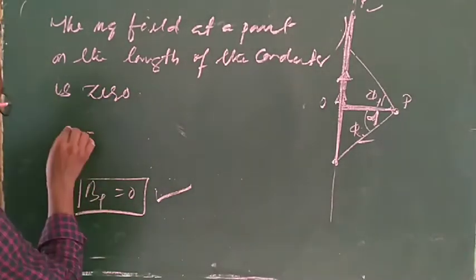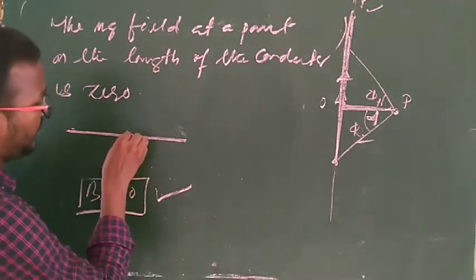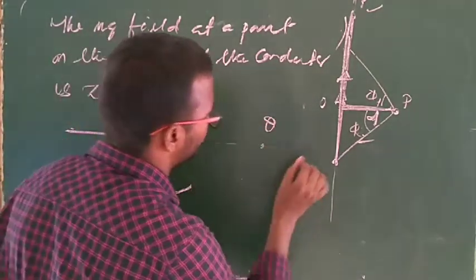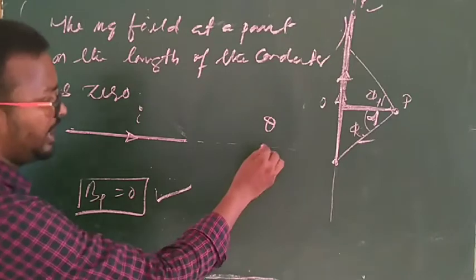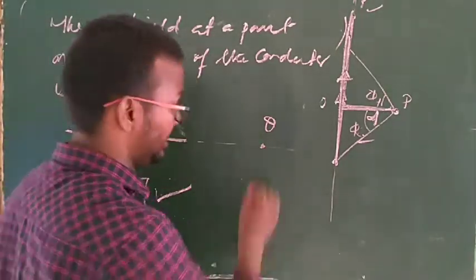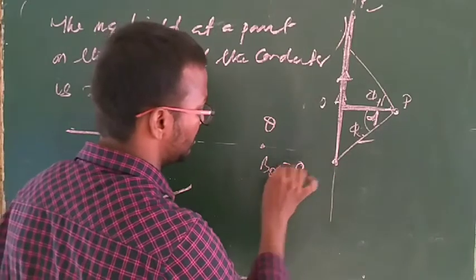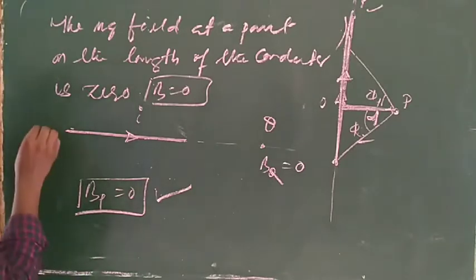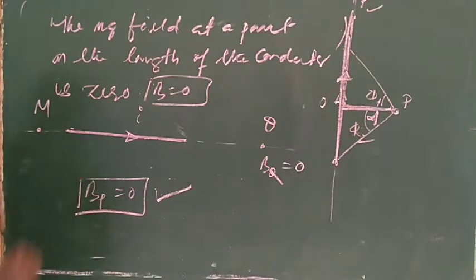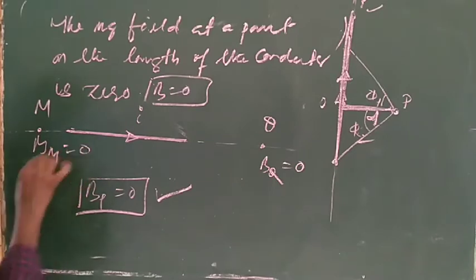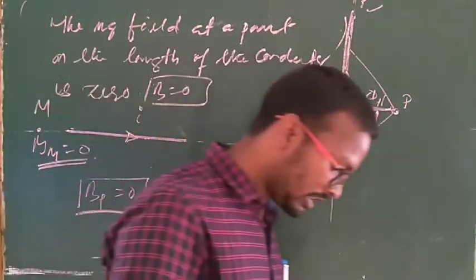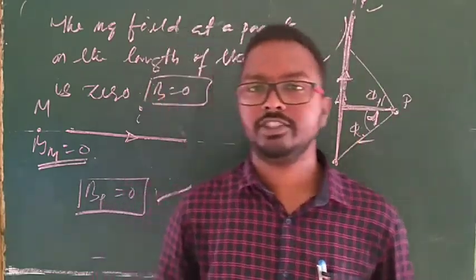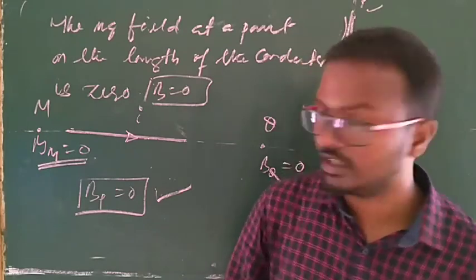If this is one current carrying wire with current I, and point Q is where we have to find the magnetic field, and this point lies on the current carrying element, then the magnetic field at Q equals 0, because of this relation. If you take another point here, point N, which is on the line, here also the magnetic field strength equals 0. Clear? This is all about how to find magnetic field strength in different situations, and this is the first application of Biot Savart law. Clear?